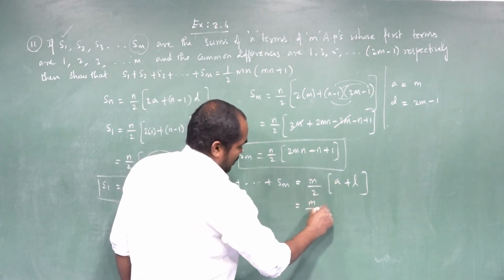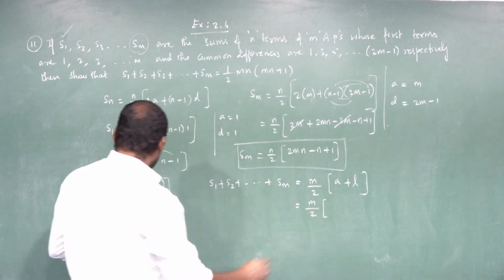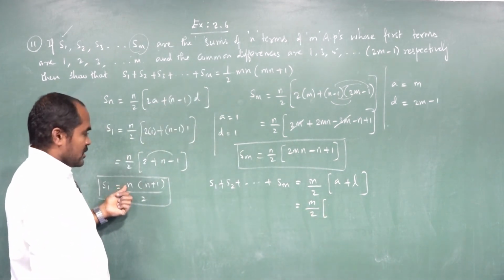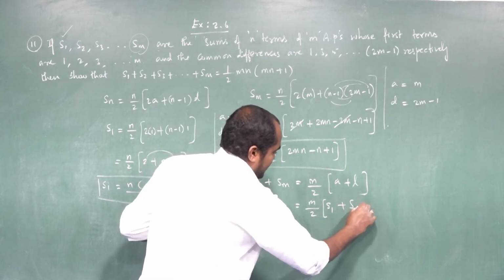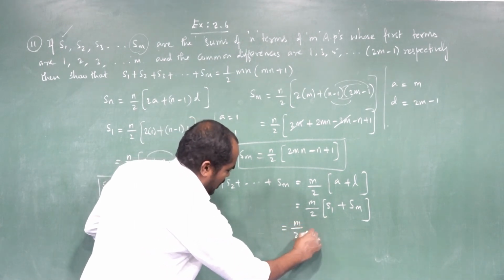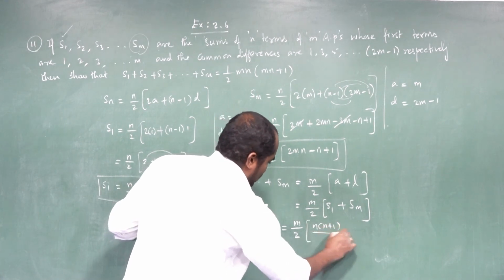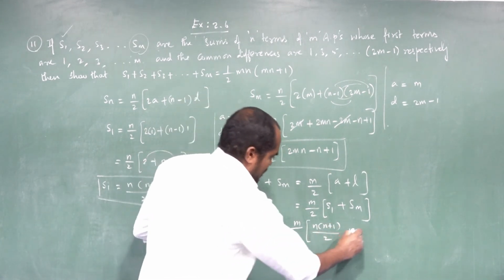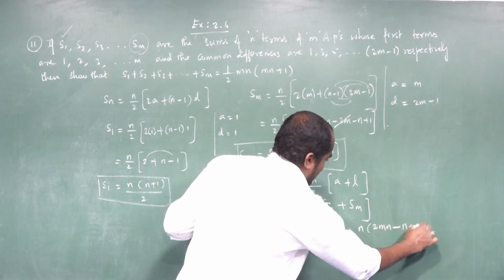So m by 2 of S1 plus Sm, which is m by 2 of n of n plus 1 by 2 plus n of 2mn minus n plus 1 by 2.